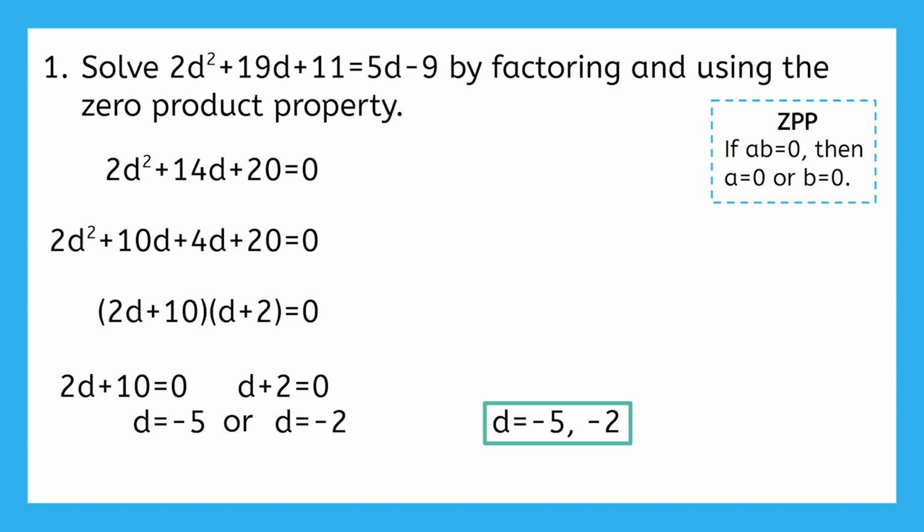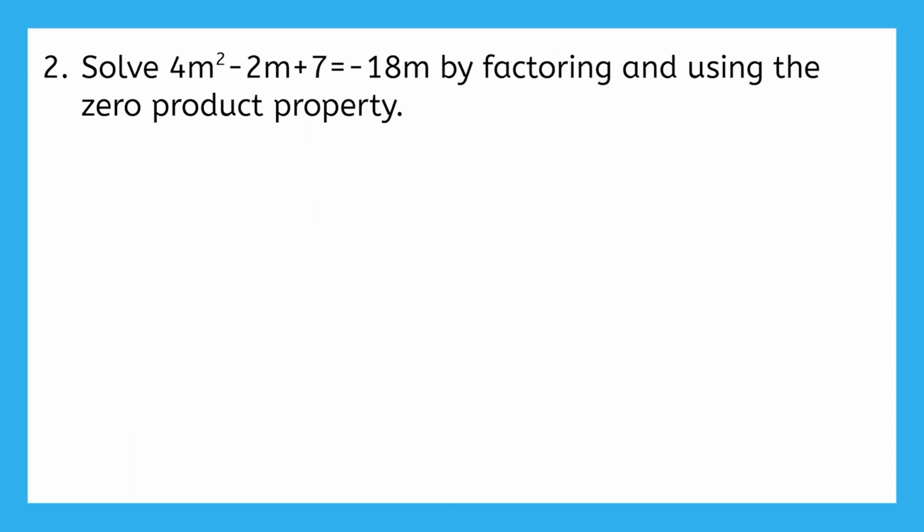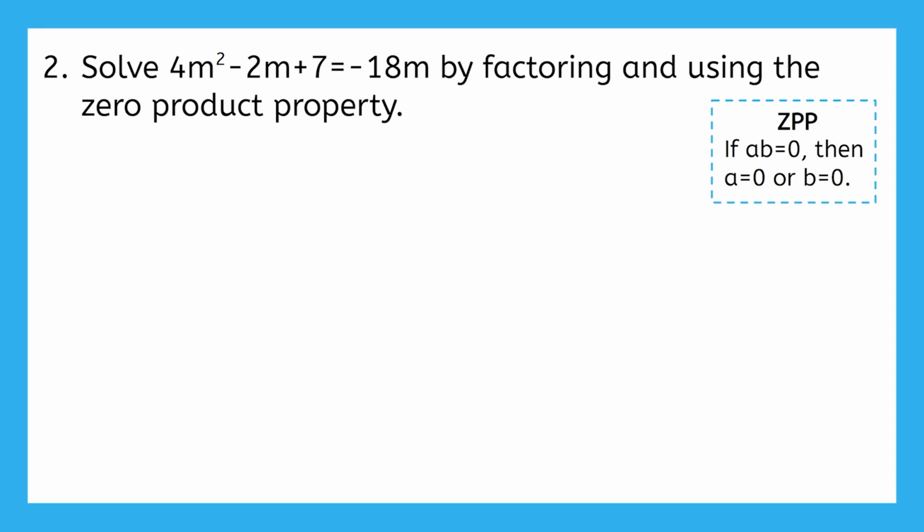Let's do one more. The second example problem says to solve 4m squared minus 2m plus 7 equals -18m by factoring and using the zero product property. Pause the video here and try to do this problem entirely on your own first. Let's go through this. In order to solve an equation using the zero product property, I need a product of factors that equal 0.